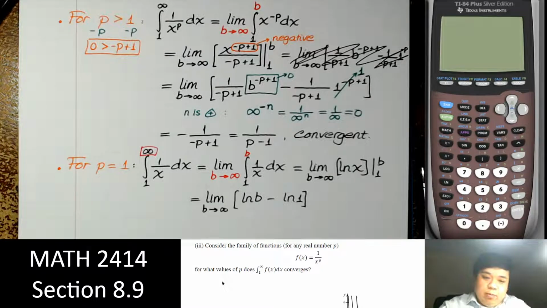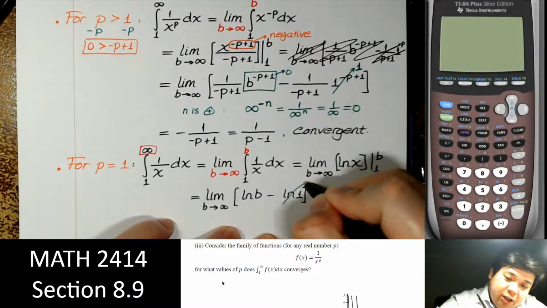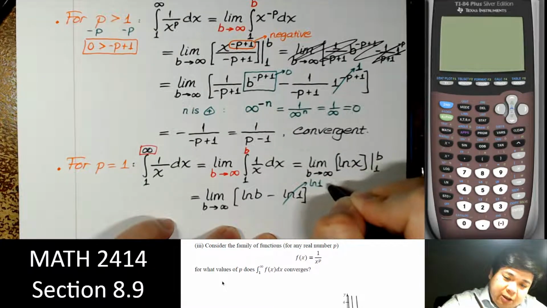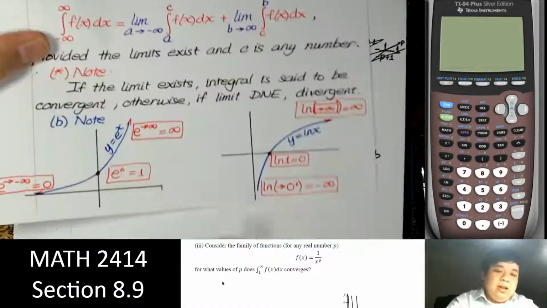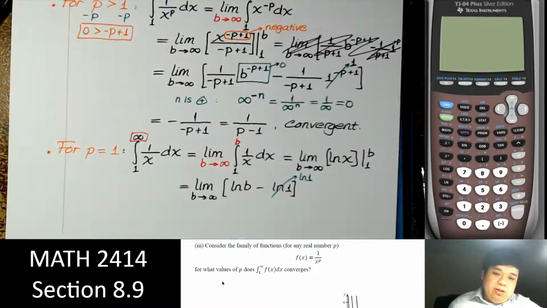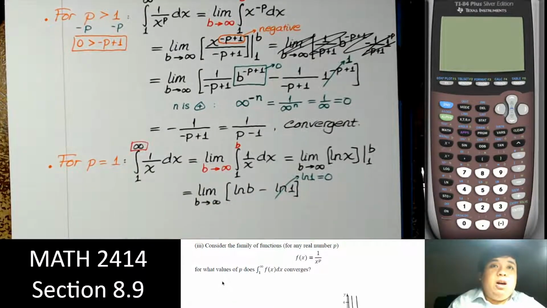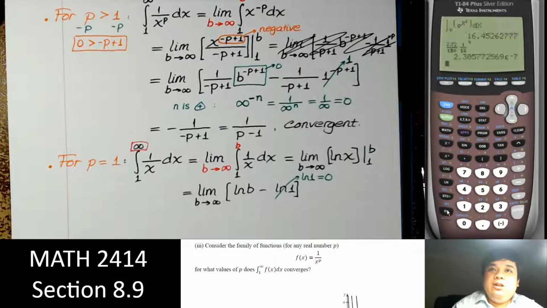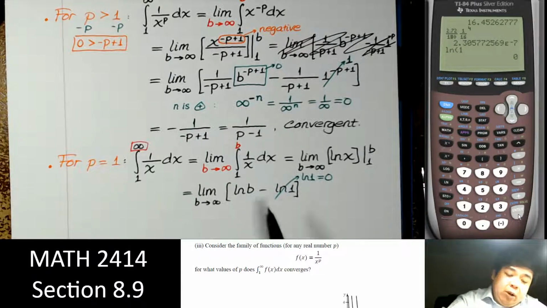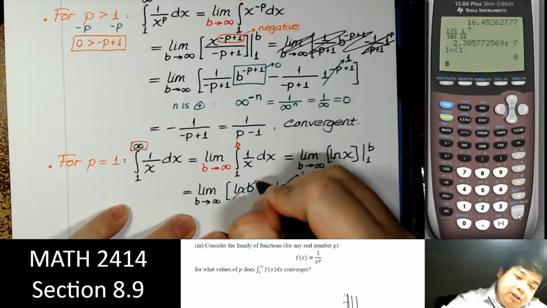Now ln of 1 is 0. Of course, if you're not sure about that, put it in the calculator. And what is ln of infinity?